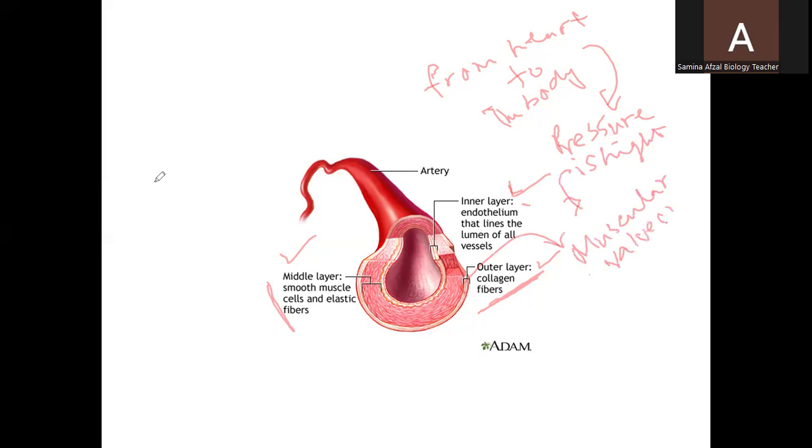They are thick, and the lumen is small. You can see this is only the lumen. So in this way, they are highly muscular. So blood flows with high pressure. So the highest pressure is there in the arteries.